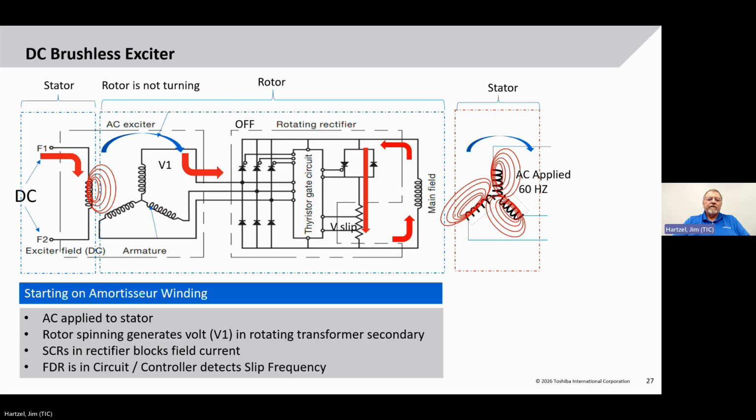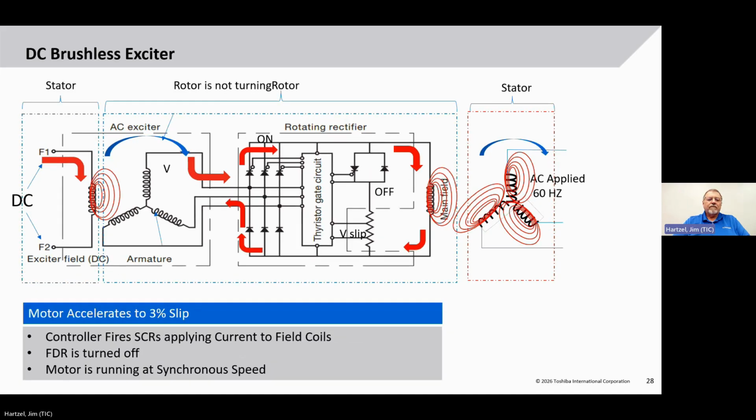So that's going to feed up here, and you'll notice we have SCRs. So we're not actually going to turn on the DC coils here. Right now, it's generating a voltage, which is going through our field discharge resistor, just like we did in the brush type circuit. This is a control box that's actually monitoring the slip frequency of this current, and at the appropriate 3% slip, it's going to fire these SCRs, which we can see over in this example.